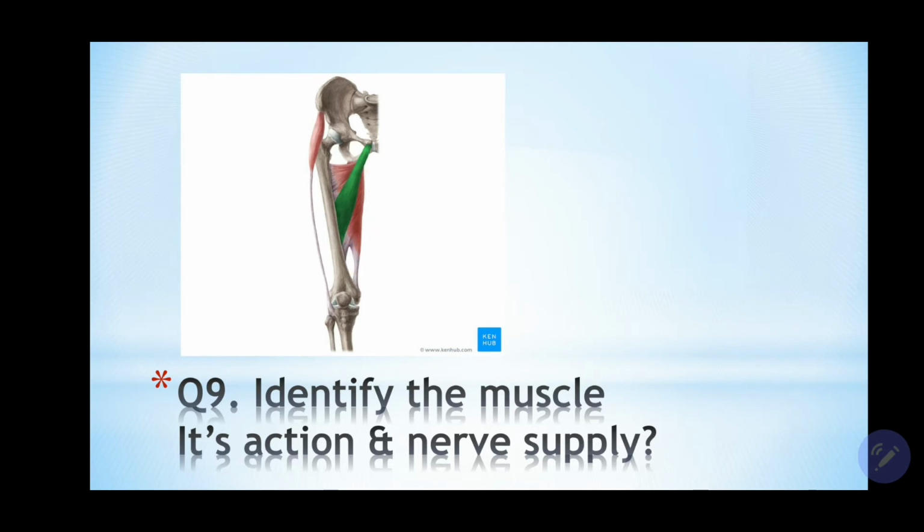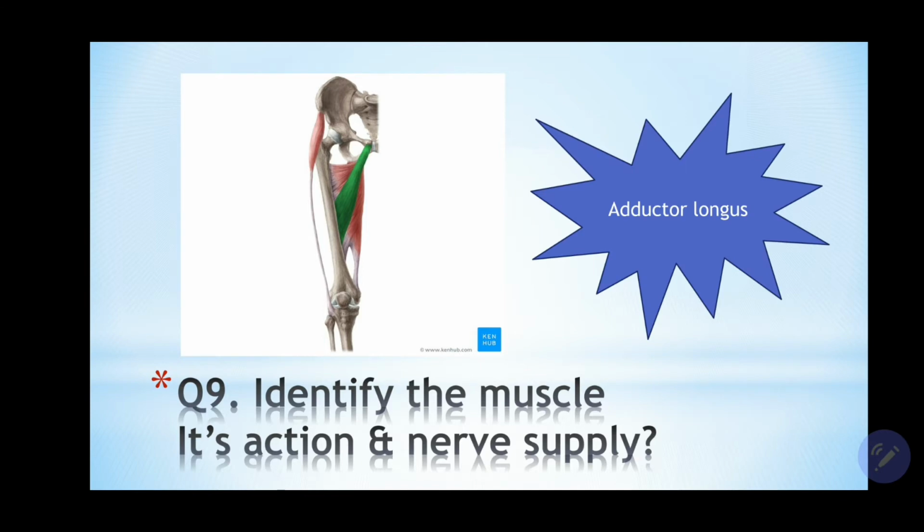So the muscle is adductor longus. I missed something here, and this is that this muscle also has a second name. I'll tell you. It has a tendinous origin from the anterior surface of the body of the pubis, and then it fans out. It's a triangular shaped muscle and inserts here in the linea aspera.